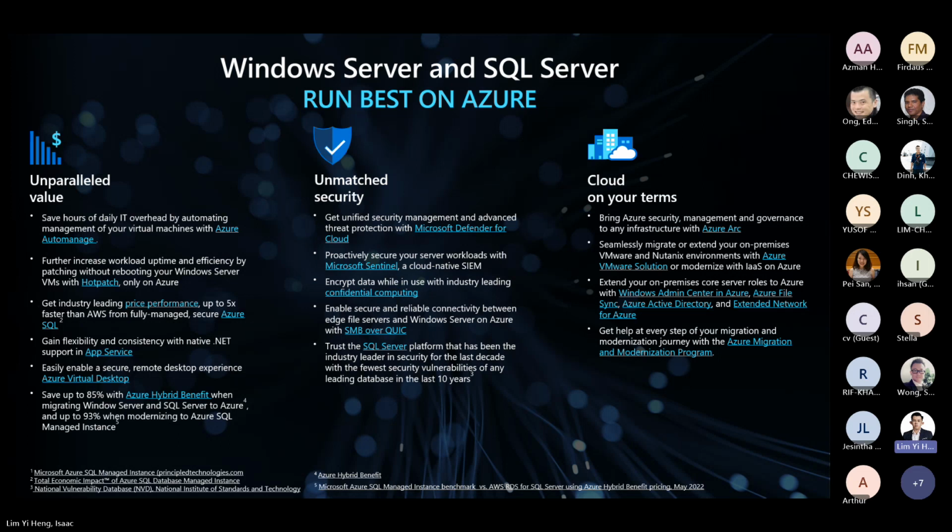And with 5 times faster than AWS from fully managed and secure Azure SQL, by gaining the flexibility and consistency with the native .NET support in App Service. And we can easily enable a secure and remote desktop experience using Azure Virtual Desktop. And all these features will be explained in the next few slides.